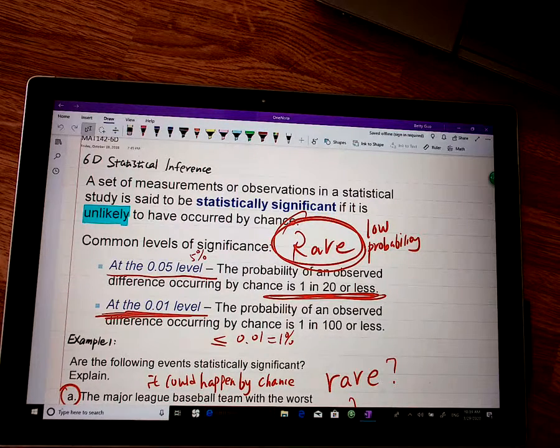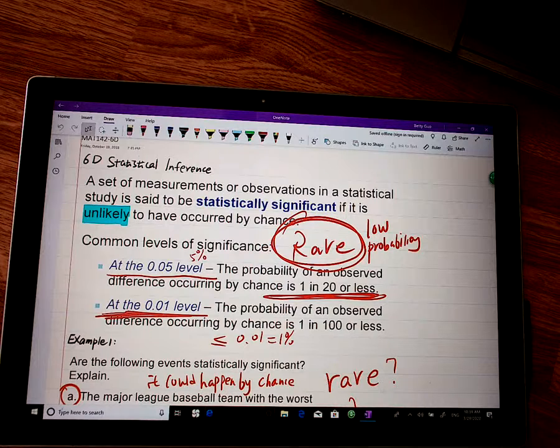We say something is statistically significant means the thing is rare, R-A-R-E, or the thing happens with a very low probability. Okay, that's my understanding. I hope you can use my understanding to understand this concept.